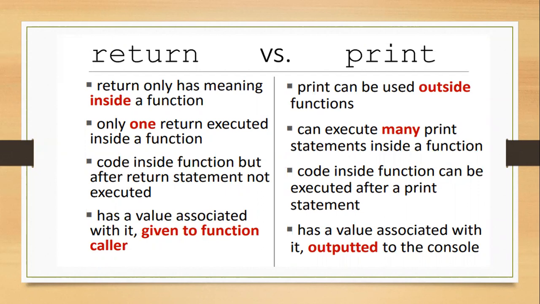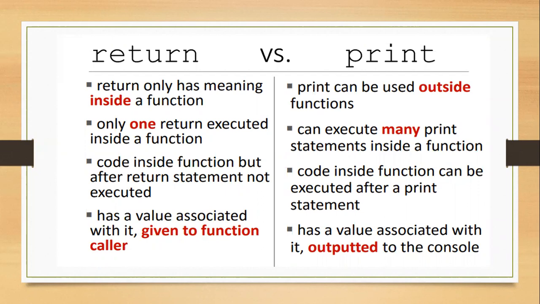So inside a function, print is a part of code that will display when that function is called, and then outside a function, we do the normal print the way we learned it. Then return only returns one value. So only one return is executed inside a function.